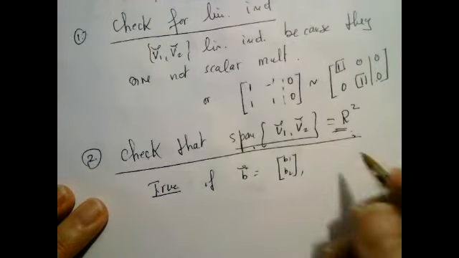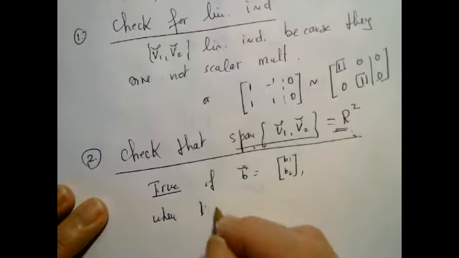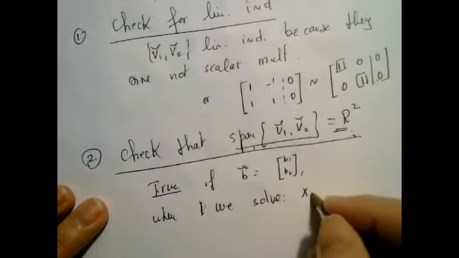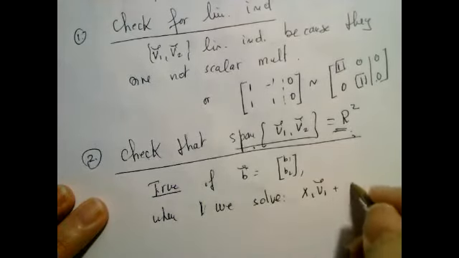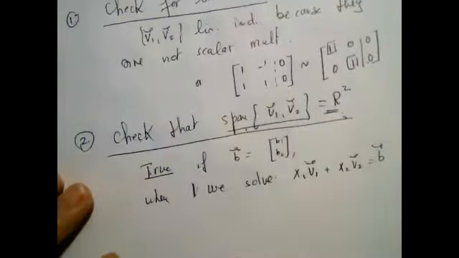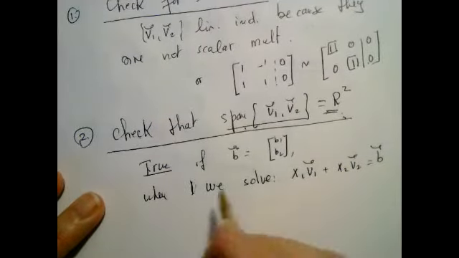Suppose we try to solve the following system, which means we try to find weights such that this holds. Will this have a solution for all B?